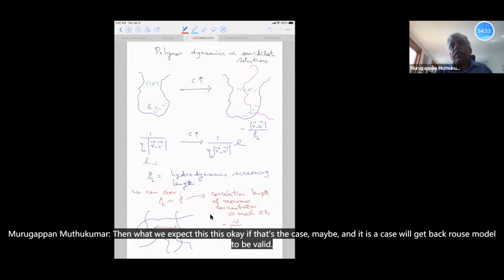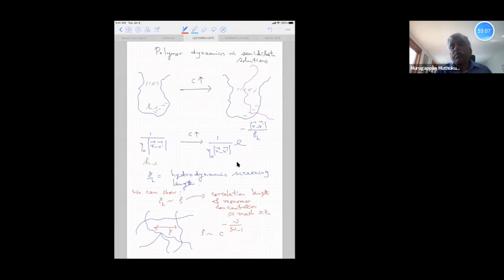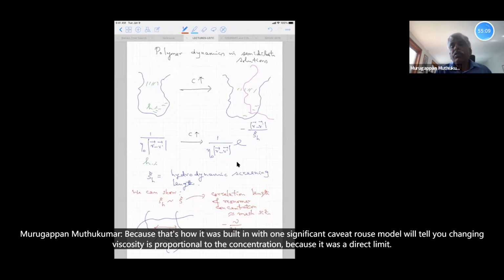Then what we expect is this. It turns out to be the case that we'll get back the Rouse model to be valid, because if there is no hydrodynamic interaction, we'll have the Rouse model, because that's how it was built in, with one significant caveat. The Rouse model will tell you the change in viscosity is proportional to the concentration because it was a dilute limit.